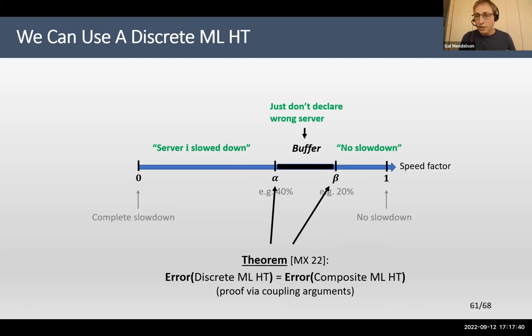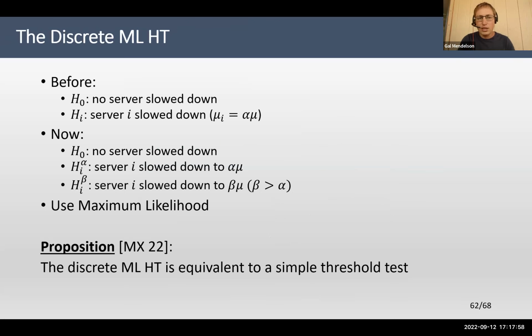And the proof is interesting, which I don't have time to go into, based on coupling arguments, based on multinomial distributions. Again, because the decision data is so perfectly distributed as multinomial, we can go a long way in getting these kinds of results.